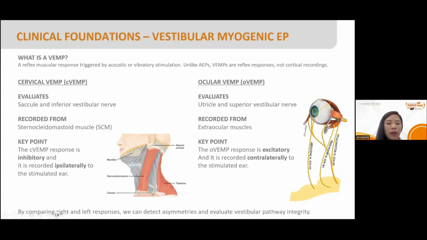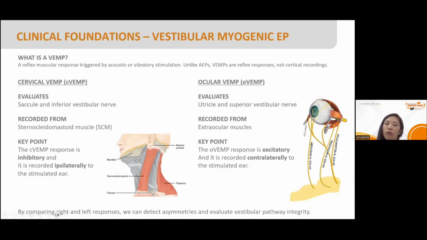So when we check the cVEMP, your patient usually does like this to make sure you can check the SCM muscle, okay? It's inhibitory, and we record it ipsilaterally. So you put the stimulus on the left side, and then you measure the left SCM for the response, okay? So it checks the saccule and the inferior vestibular nerve.